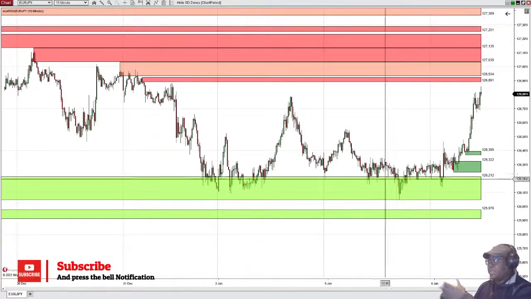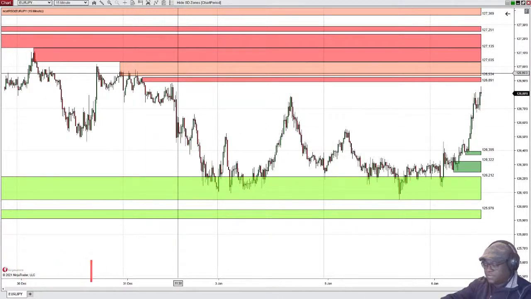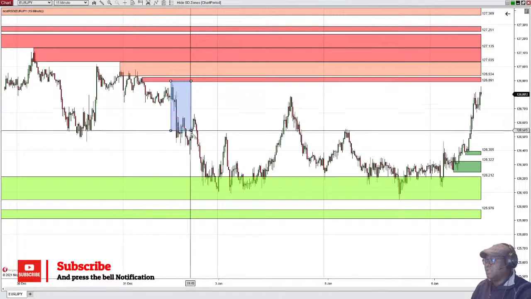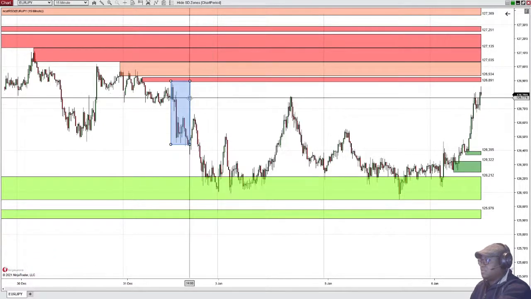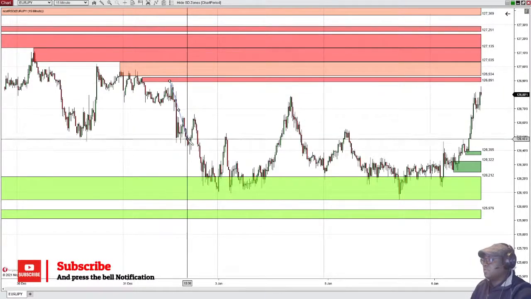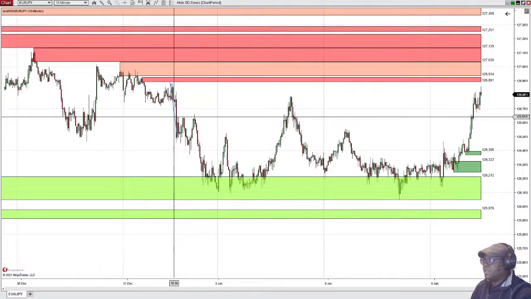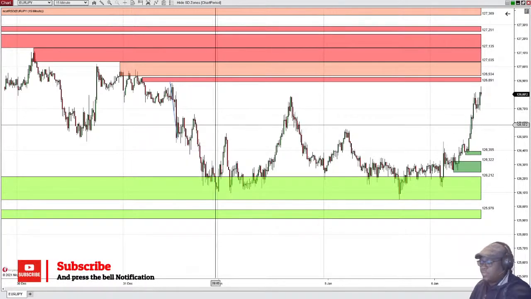For example, what I just showed you is what is here. Look, this is a base, a drop. What happened with the base, and from that it went back up here, right?